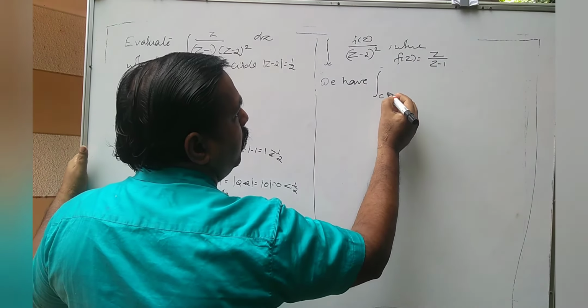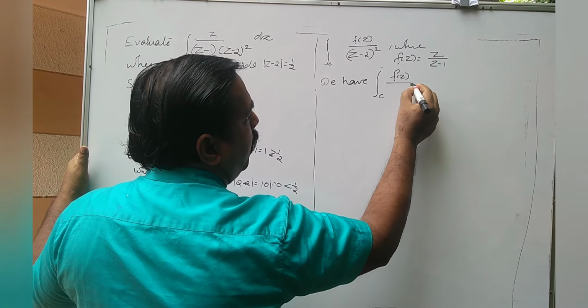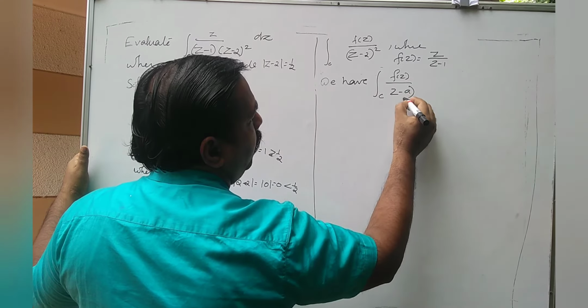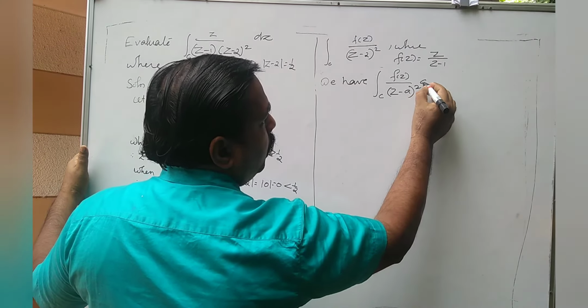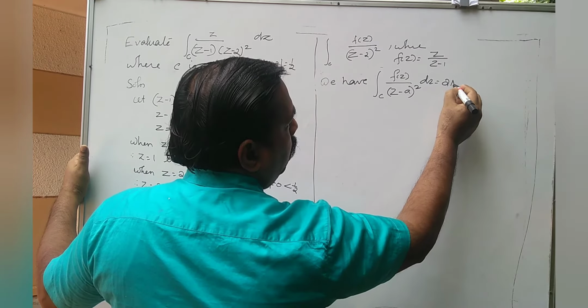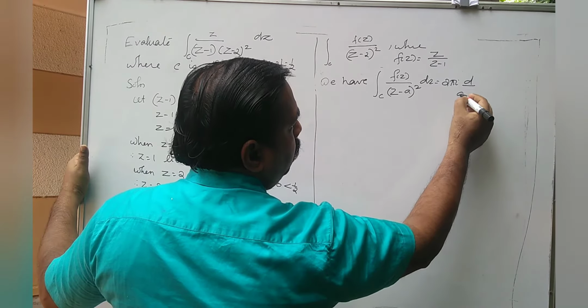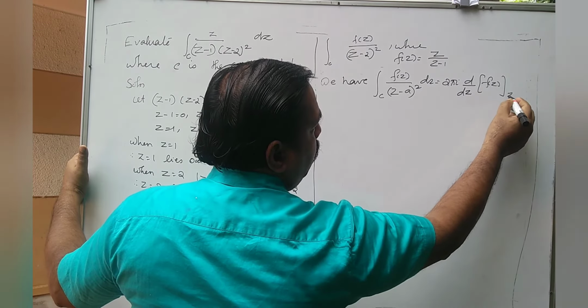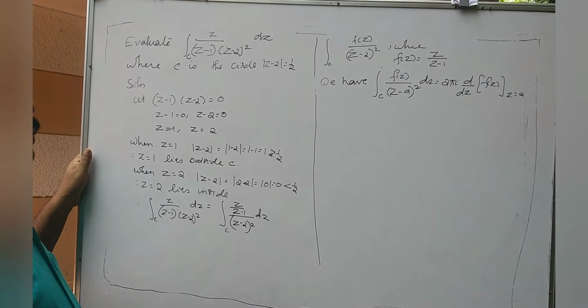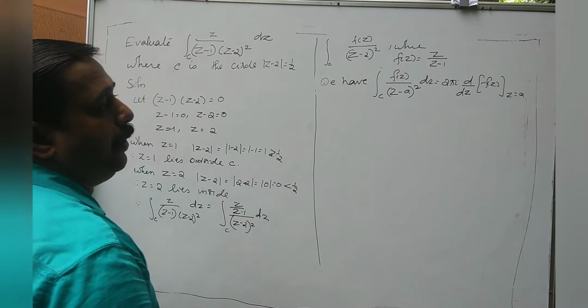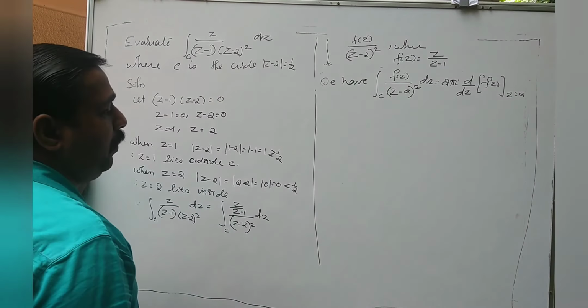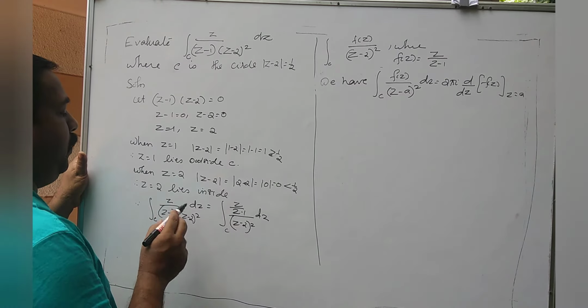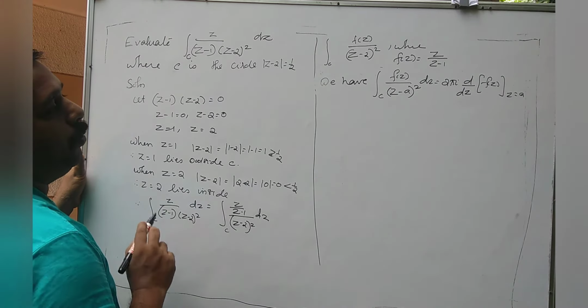The integral over C of f(z) by (z minus a) the whole square dz is equal to 2πi into d by dz of f(z) at z equal to a. So what is a? a is the point which lies inside C. Which one lies inside C? a is equal to 2.